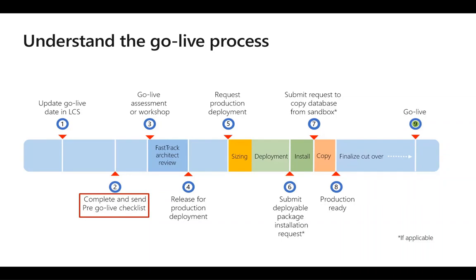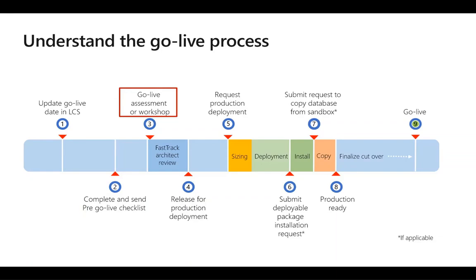All Dynamics 365 for Finance and Operations customers must complete a go-live assessment with the Microsoft FastTrack team before their production environment can be deployed. These assessments should be successfully completed before we request our production environment from Microsoft.